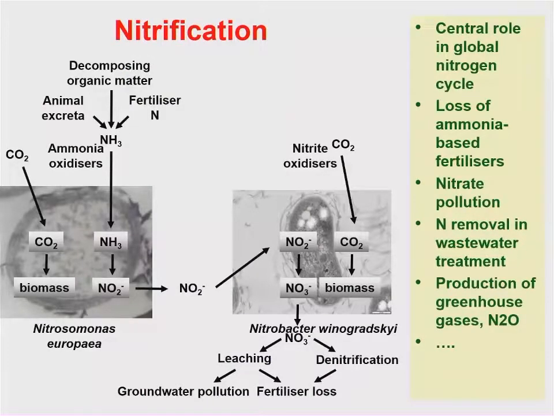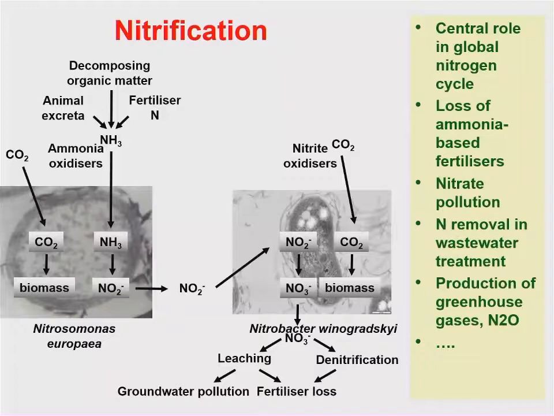Usually we divide the microbes involved in nitrification; it is carried out by two organisms. In the first step, microbes convert ammonia into nitrite, and then other microbes oxidize nitrite to nitrate.